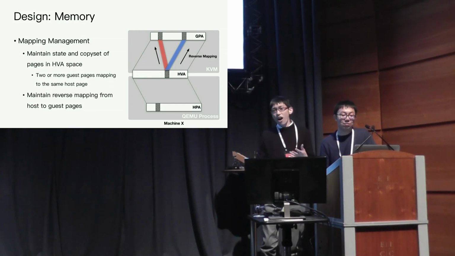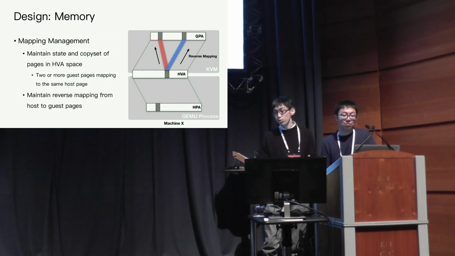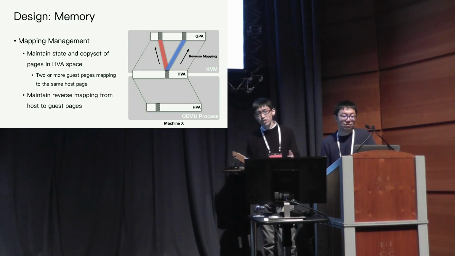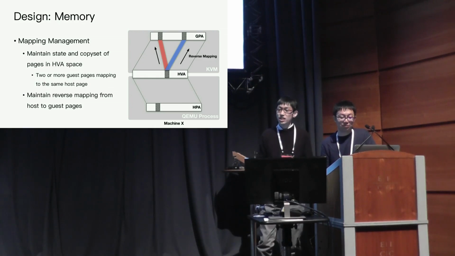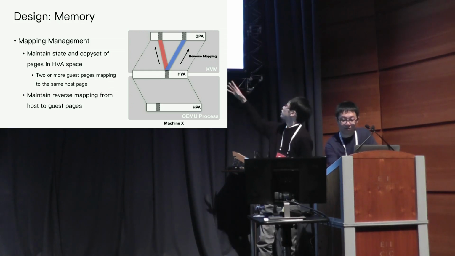Or worse, in x86 architectures, essentially every page in HVA space corresponds to 2 pages in GPA space because of the SMM pseudo GPA space. So we maintain the state and copy set of pages in HVA space and maintain the reverse mapping from HVA to GPA pages. And when we change the state of an HVA page, we change all the EPT entries of those corresponding GPA pages.